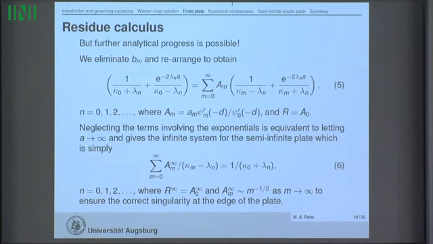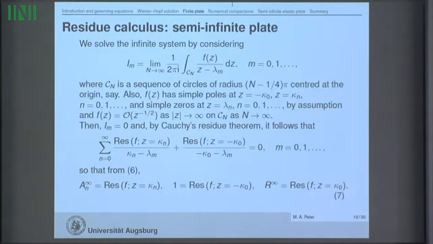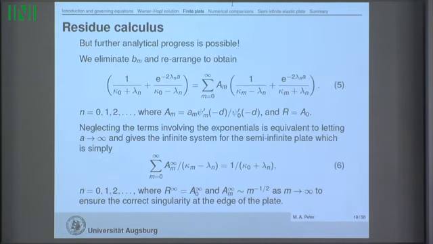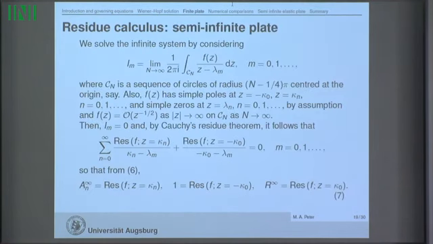I just go back one slide, look at this system here, and look at this thing here, and I realize they are exactly the same if the A infinity is the residue of f at kappa n, if I want this to be 1, and the R infinity is precisely this residue. Right? This is just a simple inspection. If I look at this equation and this equation, then if these things are equal, then they're exactly equivalent.